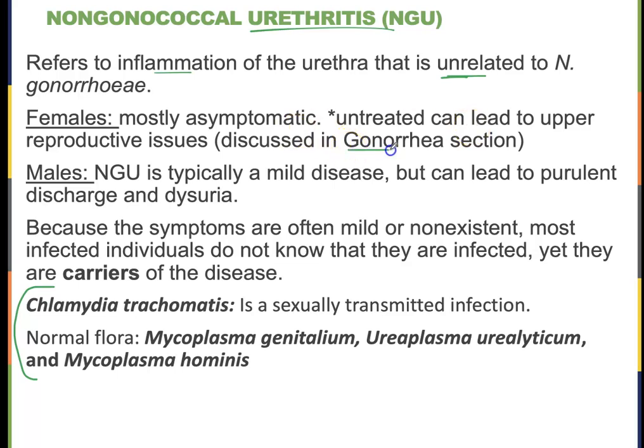We're going to talk about how is it that if you have a urethra infection that it could lead to reproductive issues. And then for males, it's typically mild, some discharge and dysuria. Remember, dysuria just meant pain and burning with urinating.